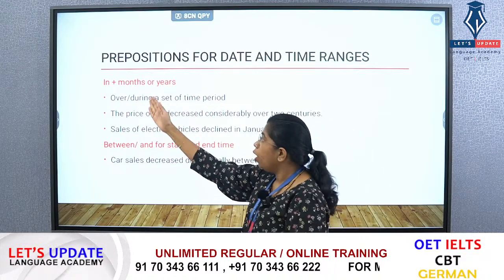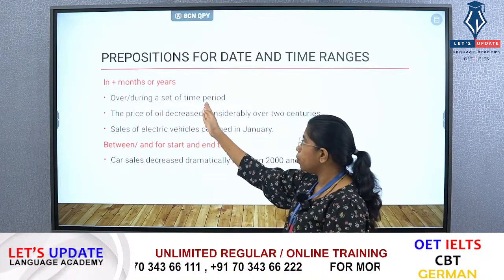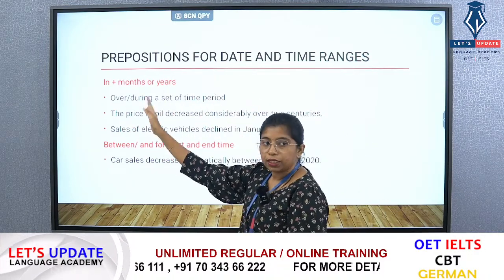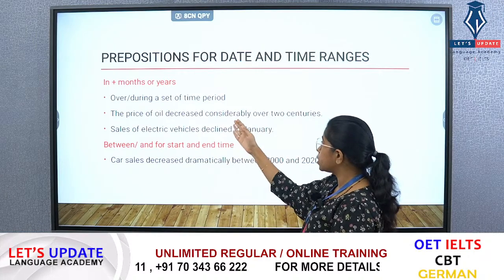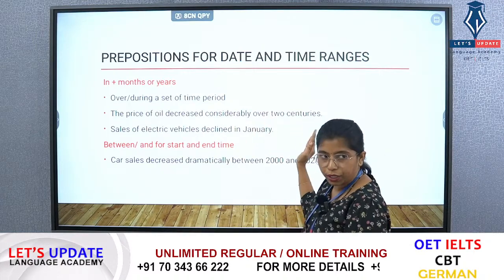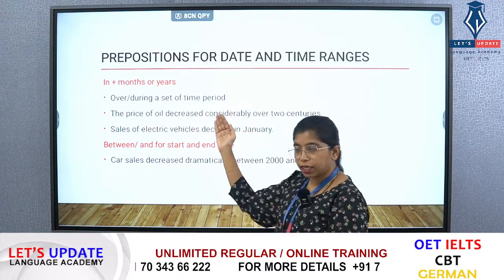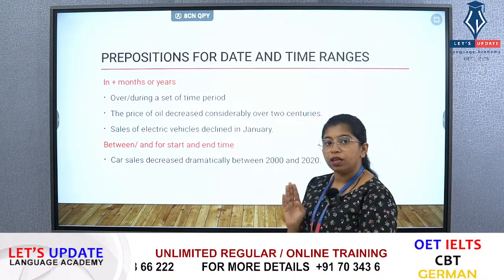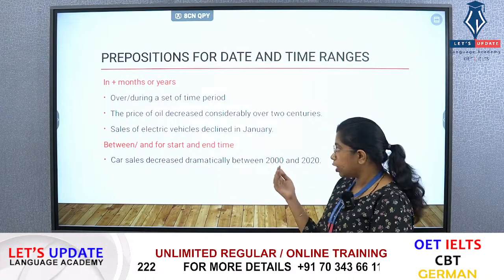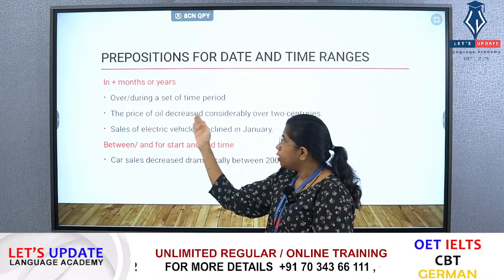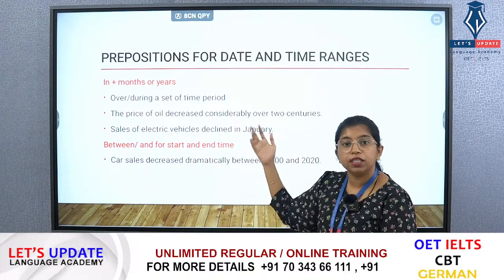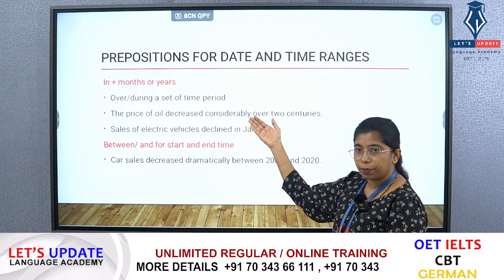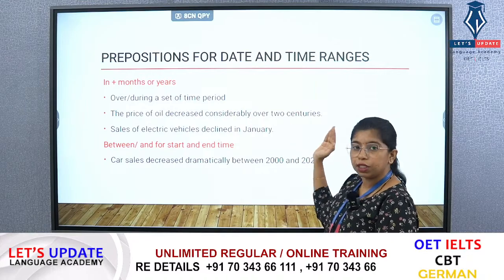And over a set of time period, for example, the price of oil decreased considerably over 2 centuries. Over 2 centuries, the price of oil decreased considerably, right?